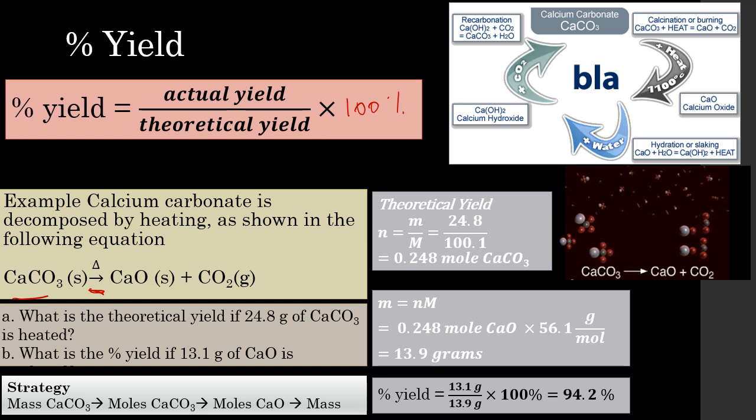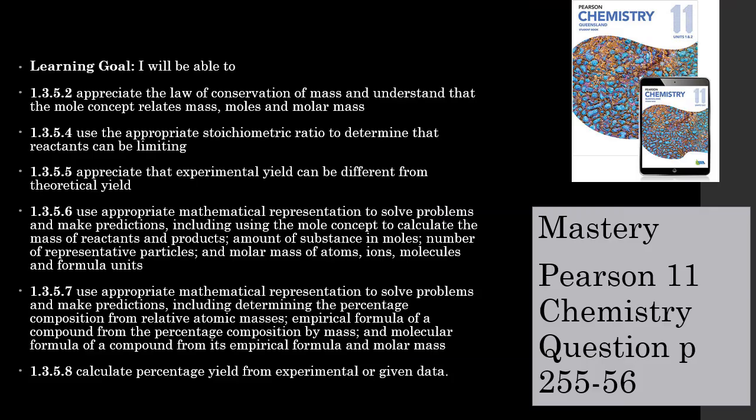Here, we've said we've got 13.1 grams. So all we need to do is 13.1 divided by 13.9, multiply by 100%, to get a percent yield of 94.2. That was a big one, I'm sorry folks.